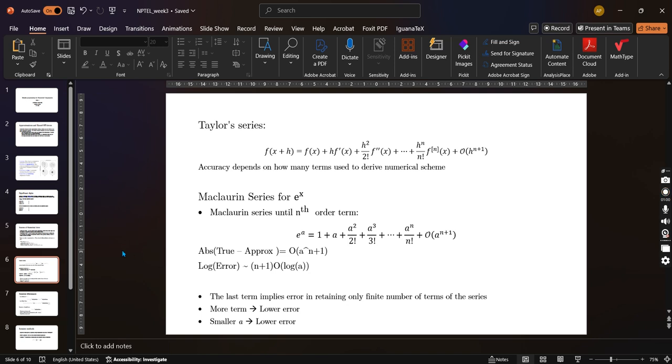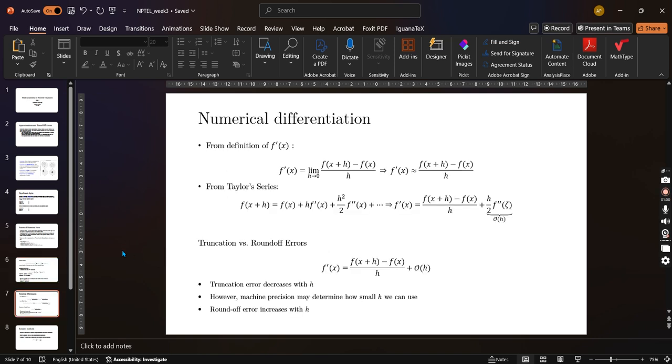Let us now go to the next section. The professor also told something about numerical differentiation. We can simply calculate it using the Taylor series. You can see over here that f of x plus h is equal to f of x plus h f prime of x, and so on.